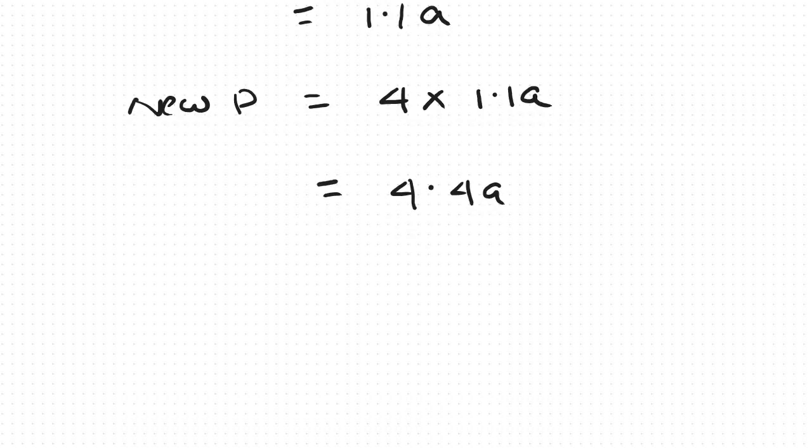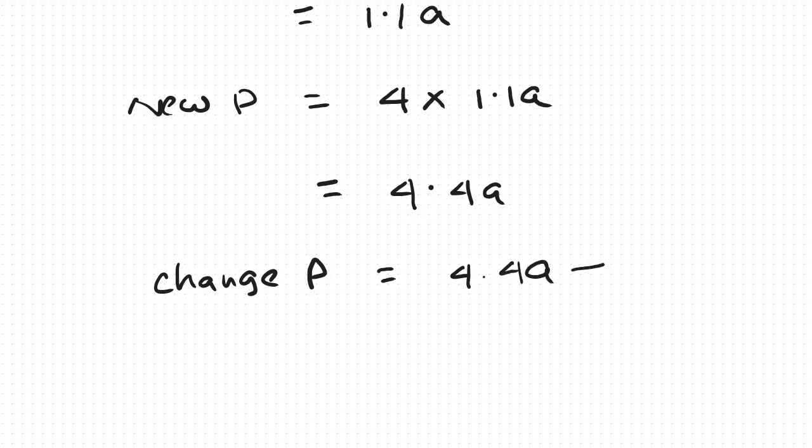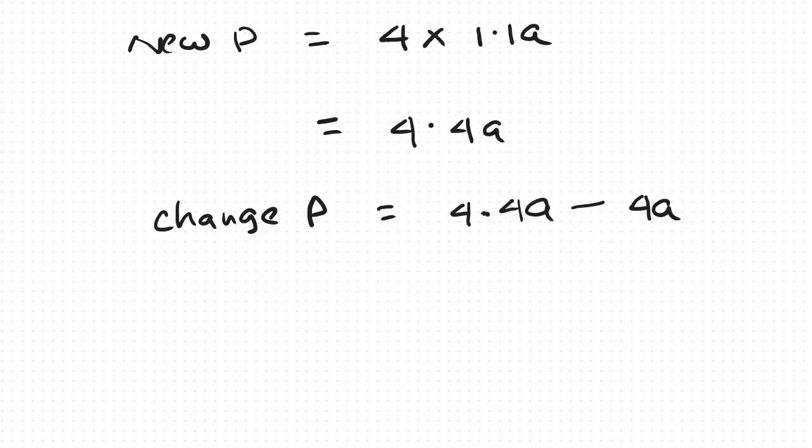So the change in perimeter is the new perimeter, which is 4.4a, minus the old perimeter, which is 4a, and we get from here the change is 0.4a.